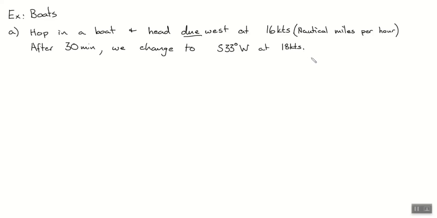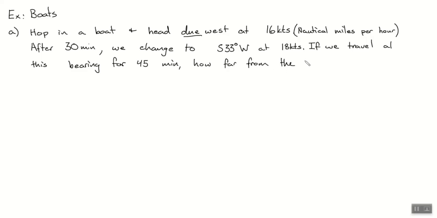Here's what I want to know. If we do this, if we travel at this bearing for 45 minutes, how far from home are we? And I'm going to say the dock.